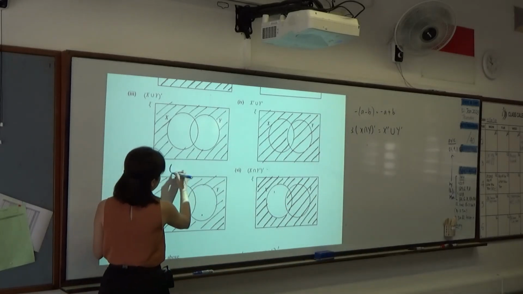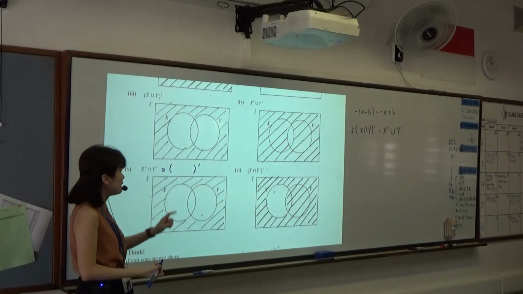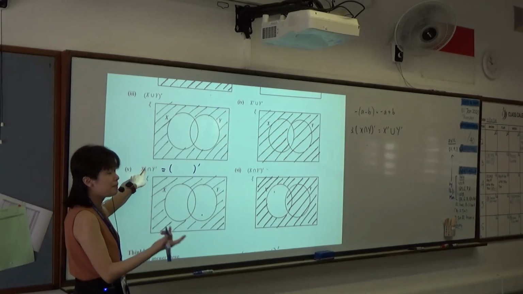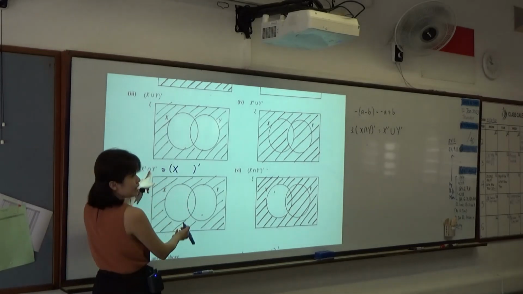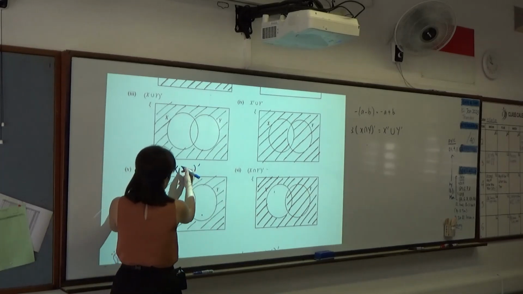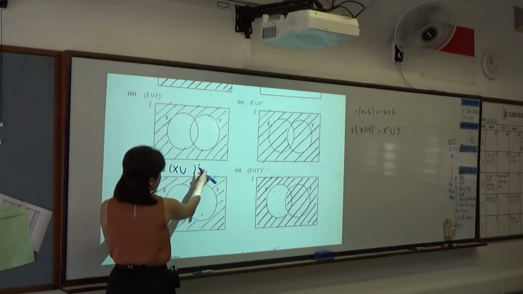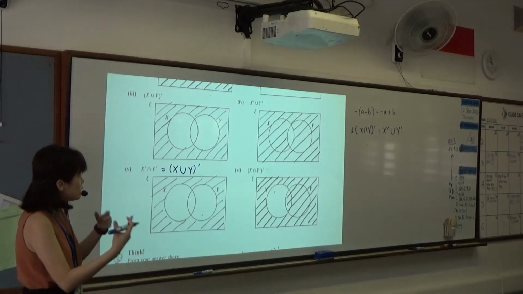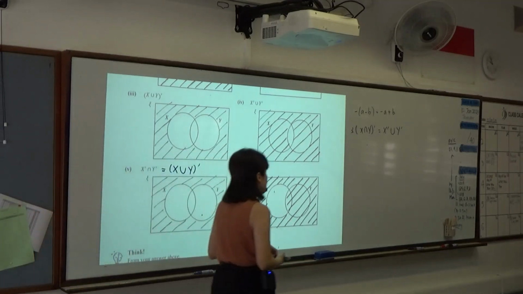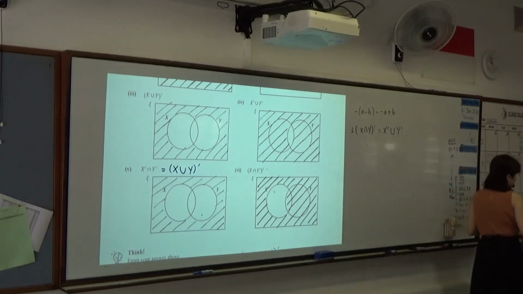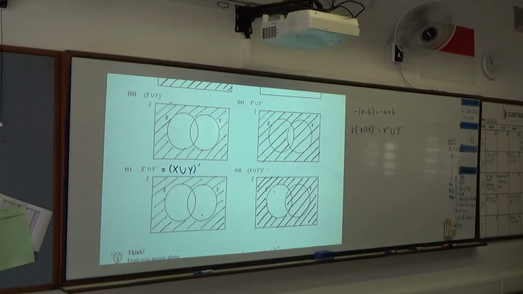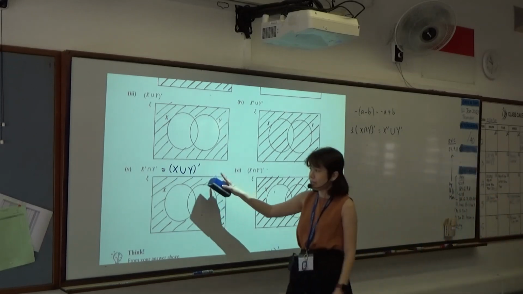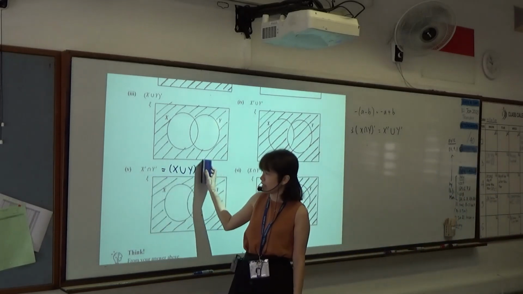If I want to factorize out the complement sign, that means the X complement must change to X. Intersect must go into the opposite, union. Y complement, take out the prime, must become a Y. So it is an adoption of the algebraic expansion and factorization ideas. Sometimes it might actually be easier to interpret this way rather than in raw form.